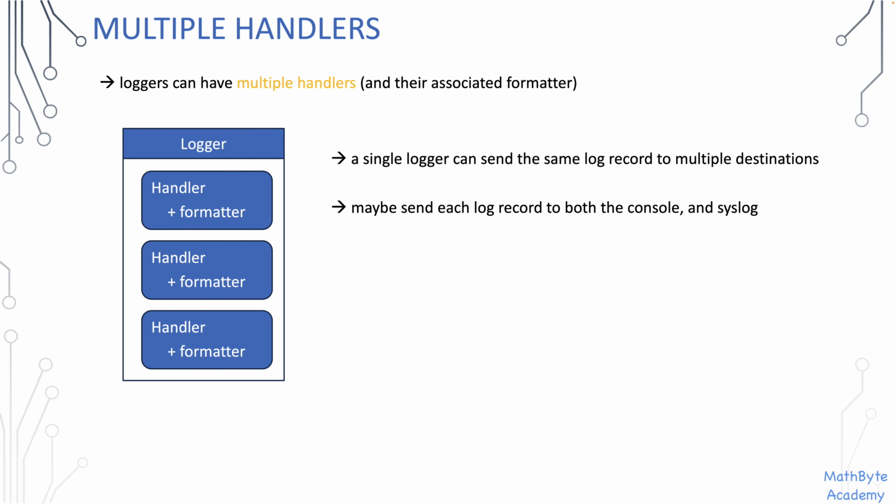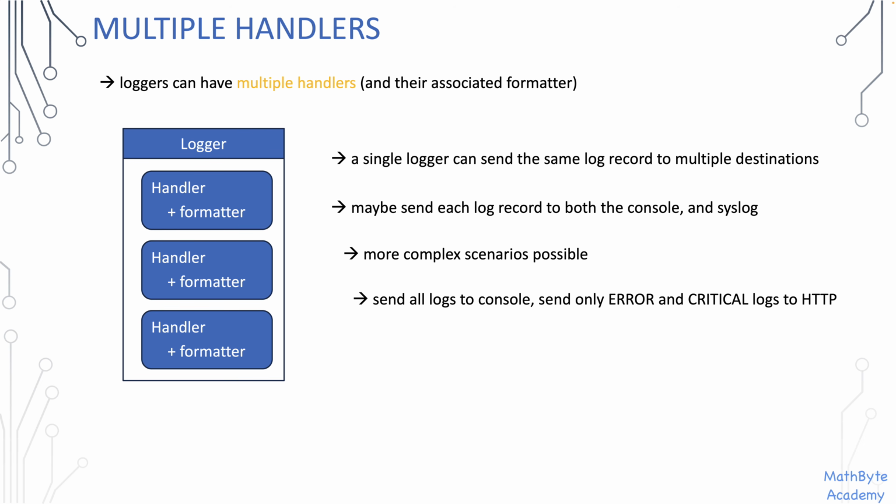So for example, you could have a logger that's configured to have 2 handlers, one for the console and one for syslog. And when you send your logger.warning, for example, it's going to send this log record to both the console and the syslog, potentially each one having their own specific format, since the formatter is associated with the handler. And there are more complex scenarios possible, and we'll get into that a little bit later.